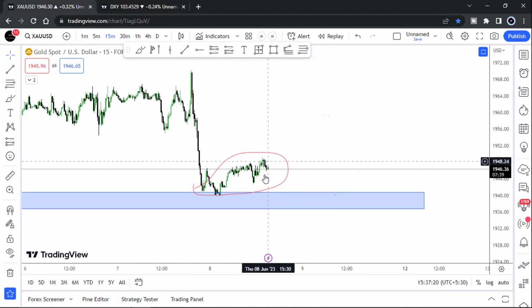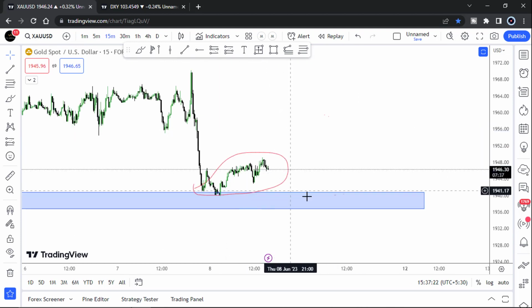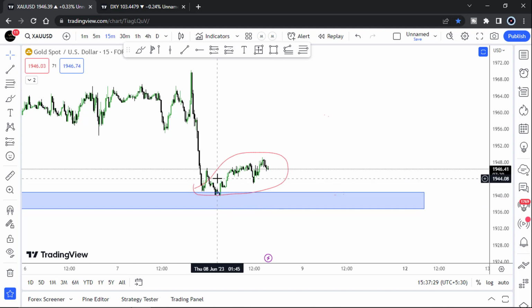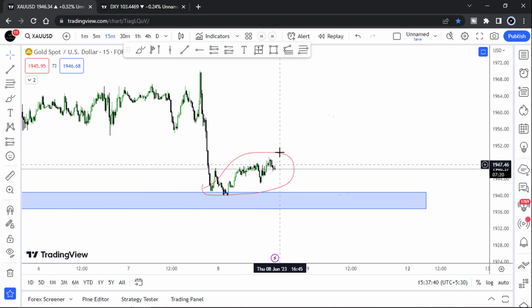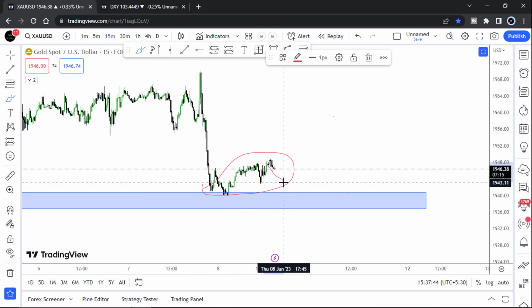However, I'm pointing out two main reversing points. The first one: if the market goes down from here, we can obviously see the buyers got a little bit weak. The strength of buyers is very weak. So we can expect some kind of down reverse area, a down pullback, before a main uptrend is started.